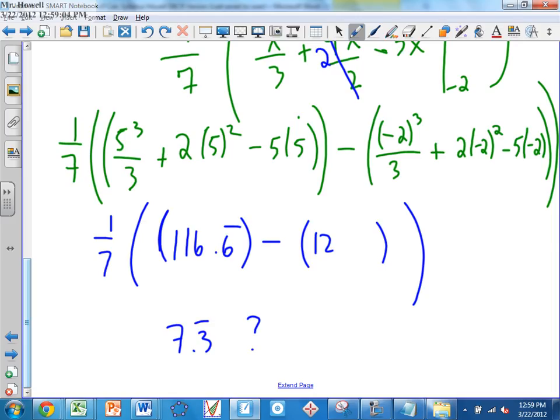I got 66.66 for the first one. 5 cubed is 125/3, plus 2 times 5 squared, minus 25. Plus 50. Yeah, 66.6 repeating is the first one. Just check your math there.